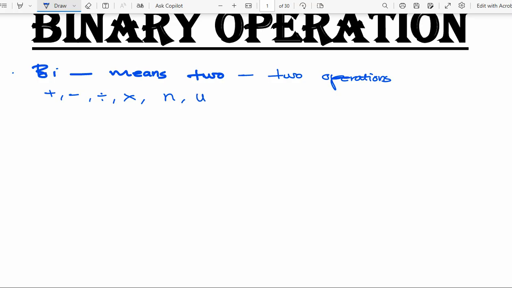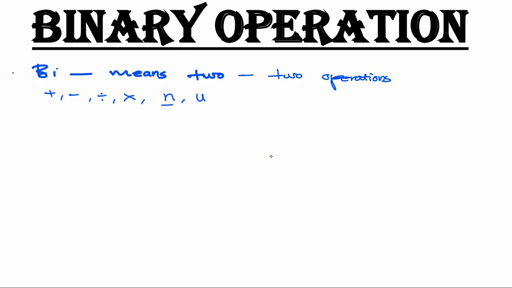Now if we are doing two things at the same time, for example, when we talked about laws of sets theory, we talked about how intersection distributes over the union set.